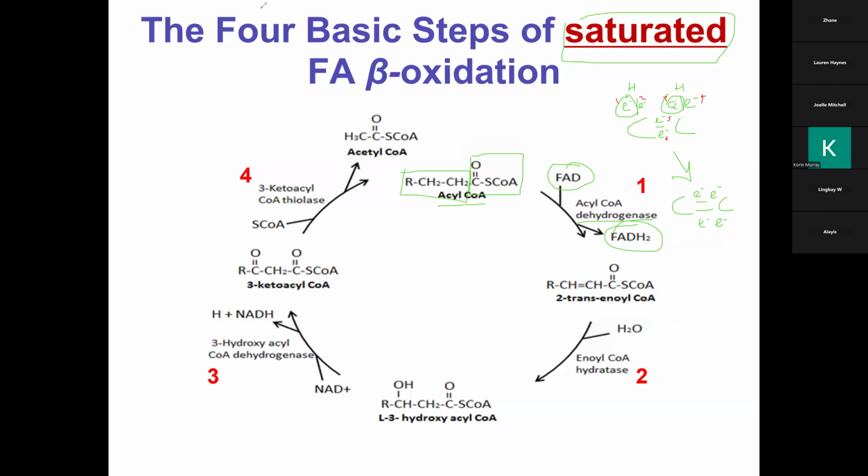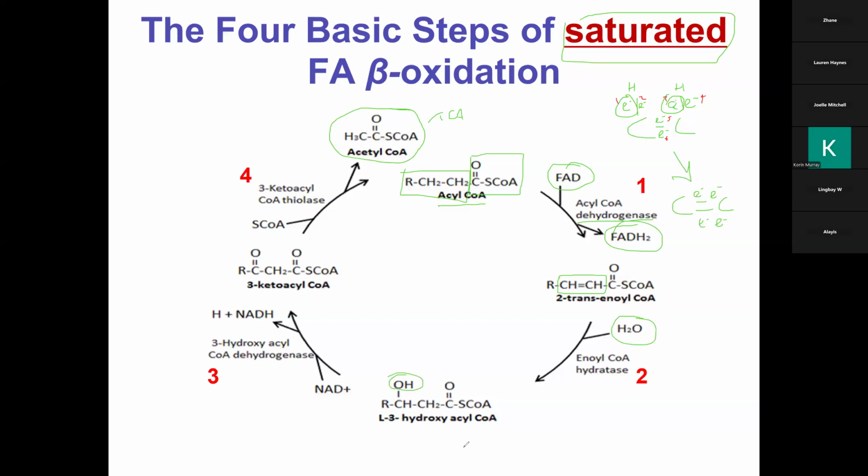So not only from beta oxidation do we generate acetyl-CoA that enters into the TCA cycle, but in step 1 you also generate FADH2 on the side. That's super handy. And you put in a double bond here.